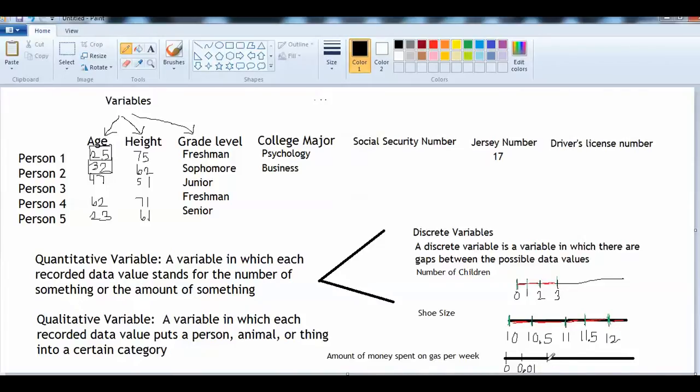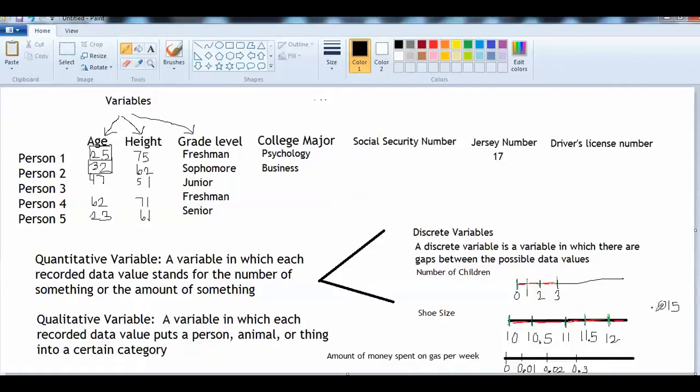A person could spend 2 cents. It doesn't really make sense, but it's possible. Or 3 cents. But a person wouldn't be able to spend 0.015 cents.